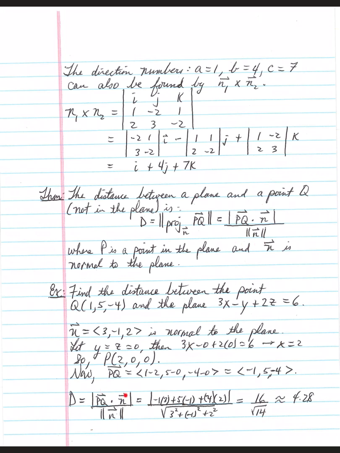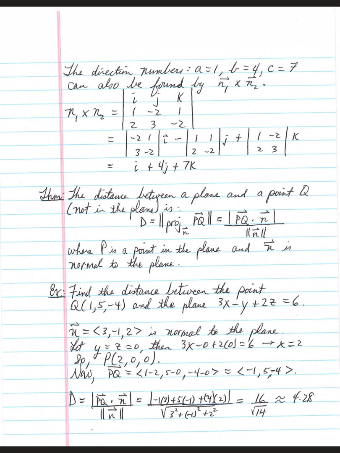PQ dotted with N, so that's negative 1 times 3 plus 5 times negative 1 plus negative 4 times 2. That all works out to 16 once you take the absolute value. That's our numerator.